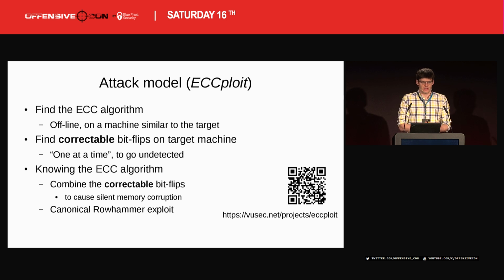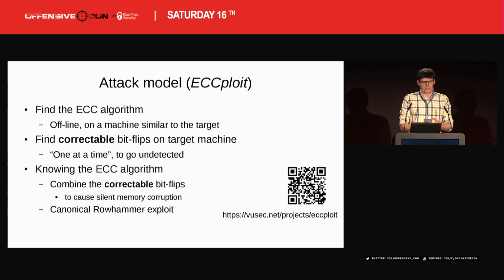Once you have enough correctable bit flips, and once you know the ECC algorithm, you can combine all of these to cause a silent memory corruption. This was our goal from the beginning. With the ECC algorithm, you know the clear boundary between undetectable and detectable bit flips. The Rowhammer exploit is fairly similar to the known one.